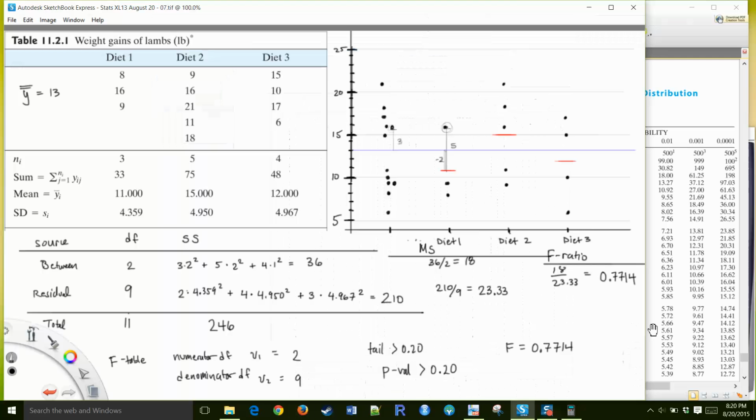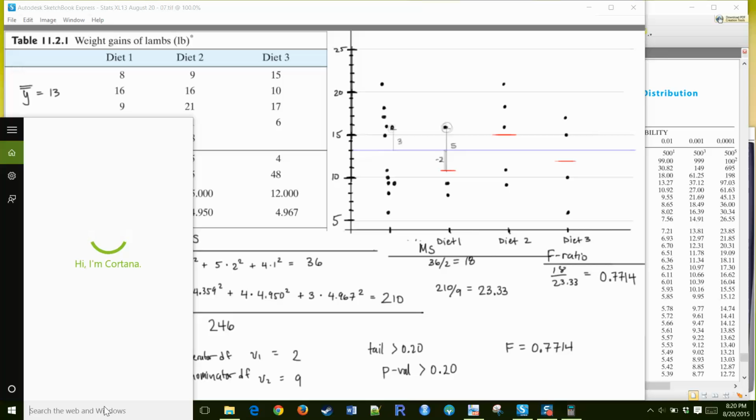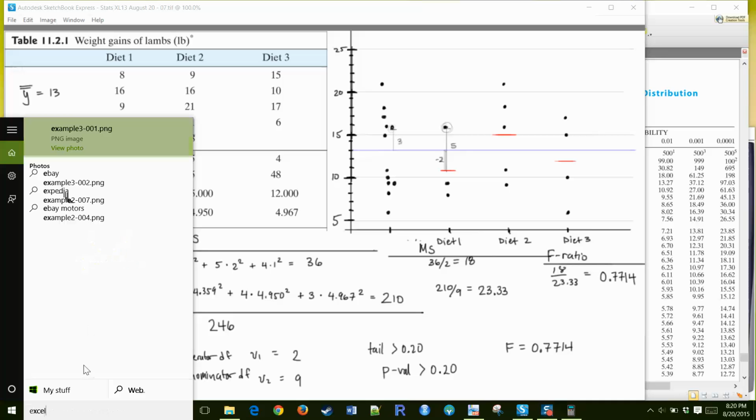All right, so what I'm going to do is call this column weight, and this will be group, and I'm just going to enter these: 8, 16, 9, 9, 16, 21, 11, 18, 15, 10, 17, and 6.